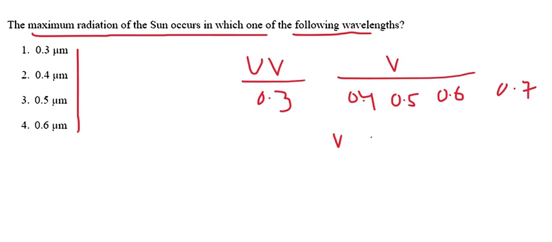Violet, blue, green, yellow, orange, red. Okay, violet, blue, green, yellow, orange, red.